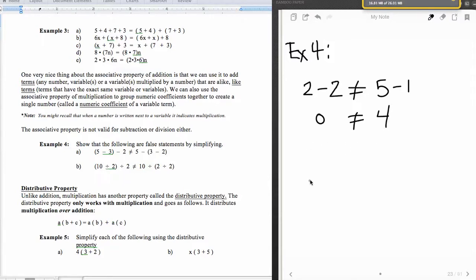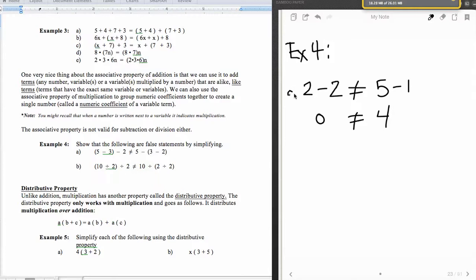And you see that those two are not equal. So the associative property is not applicable for subtraction. You can't group the first two and then subtract the second one, versus grouping the second two and subtracting it from the first. That just doesn't work.